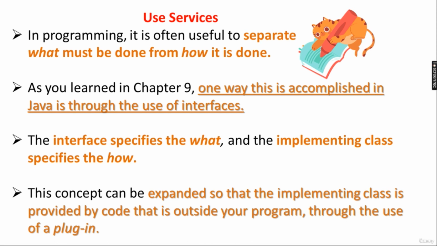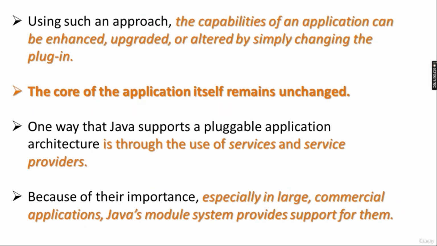The interface specifies the what, the implementing class specifies the how. This can be expanded so that the implementing class is provided by code that is outside of your program through the use of a plugin. So you are only providing what is to be done, and how it is to be done is provided from outside, through the use of a plugin.